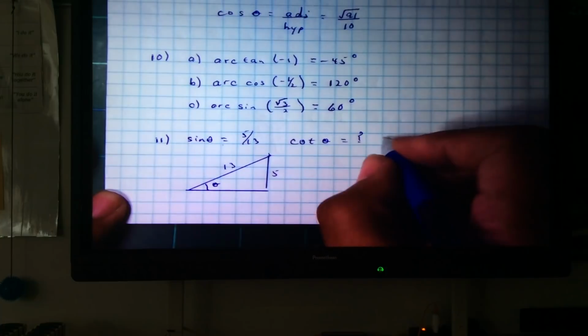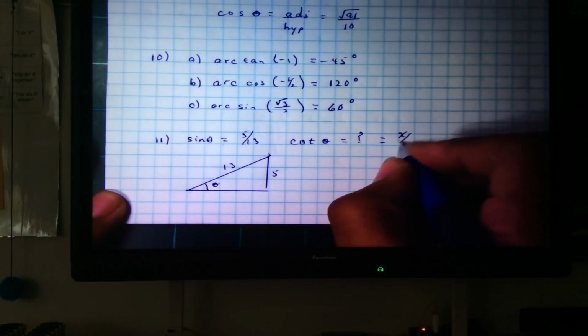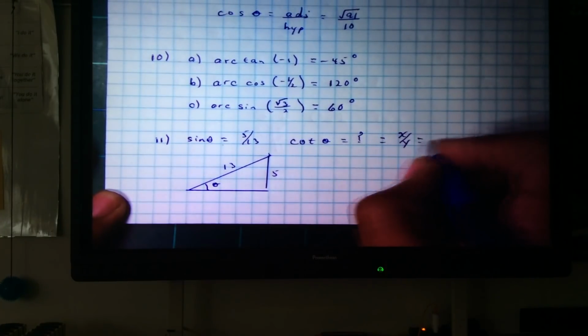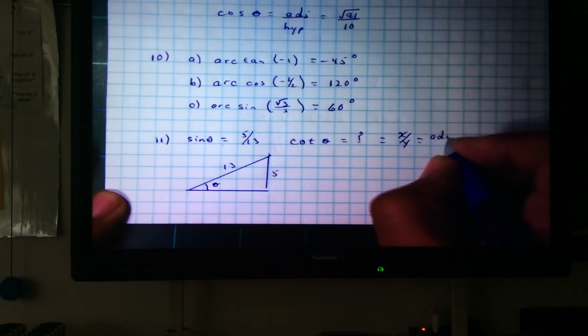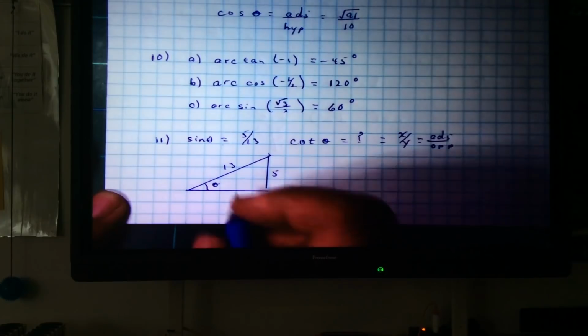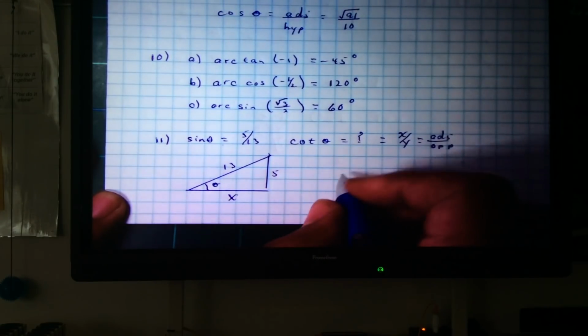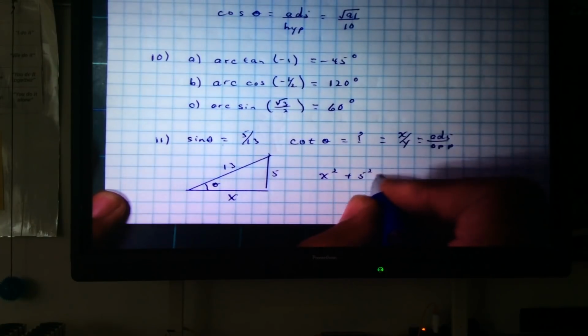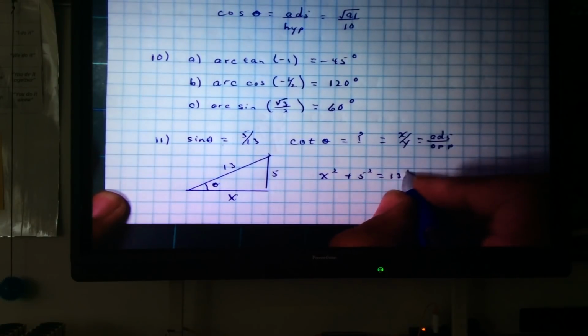Well, the cotangent is just going to be x over y, which is the adjacent divided by the opposite. So I need to find that adjacent. This is my x. So x squared plus 5 squared equals 13 squared.